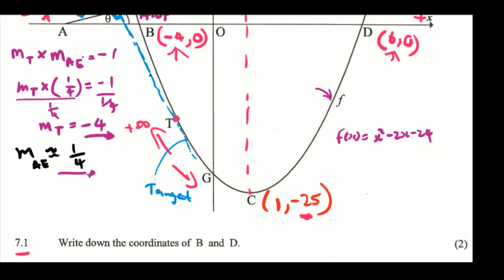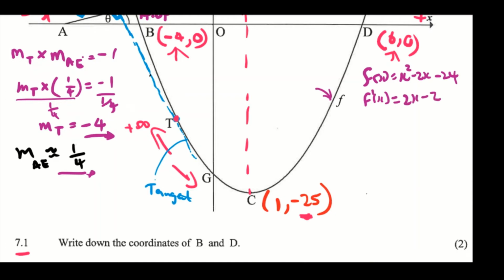So having the product of f of x, let me write it nicely here. We have f of x being equal to x squared minus 2x minus 24, right? And we're going to derive this. When you find the derivative, you get 2x minus 2, but f prime of x is equal to negative 4.